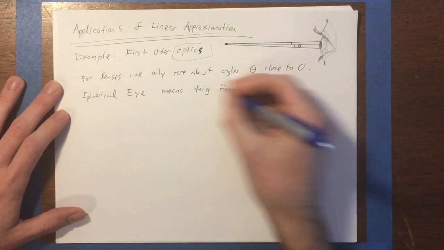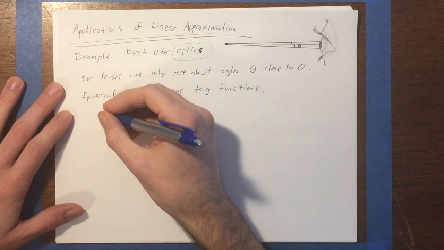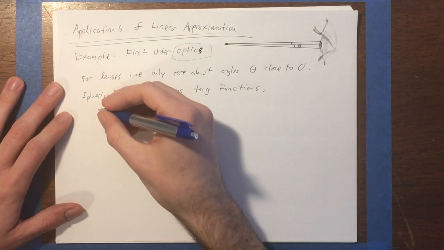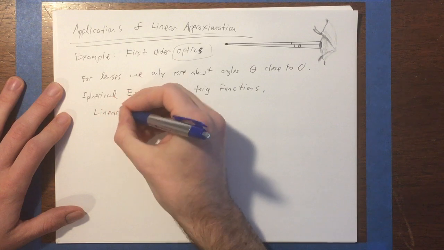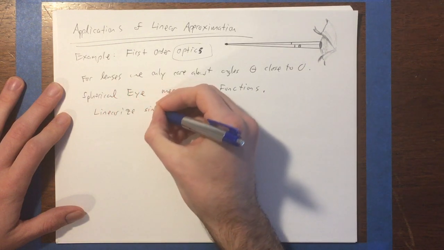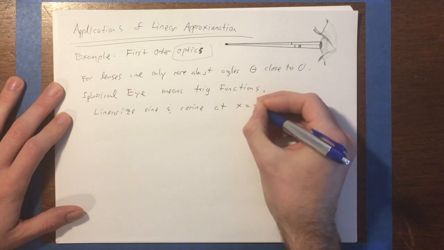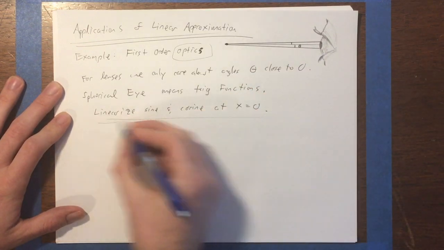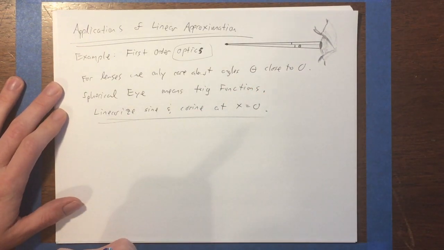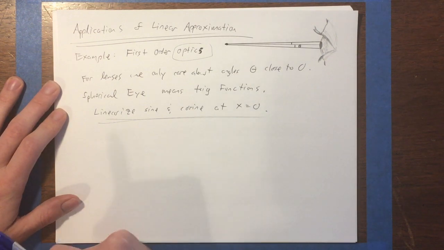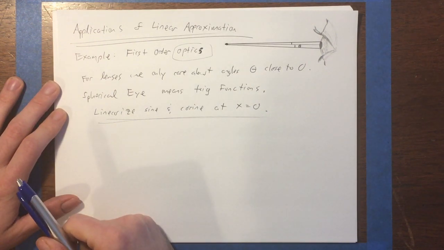So what physicists do is they linearize sine and cosine at x equals 0 to make all of their equations easier to work with. It simplifies all of the equations of optics into things that are much easier to work with.